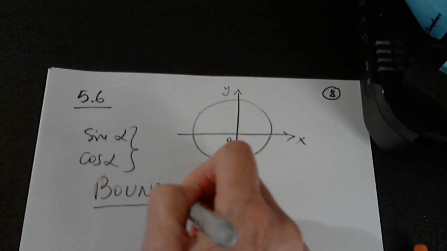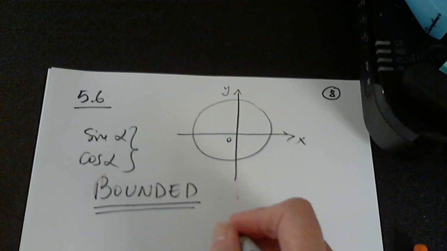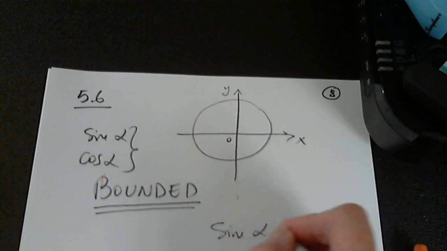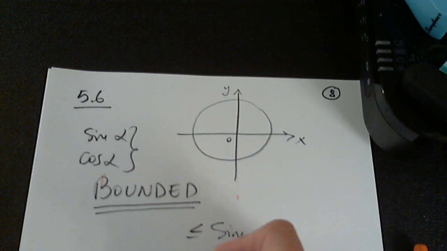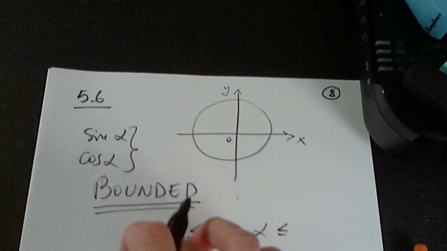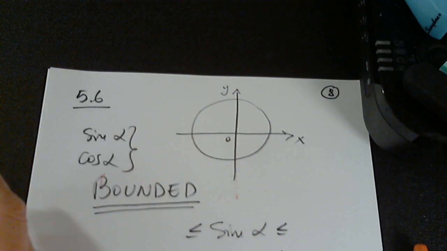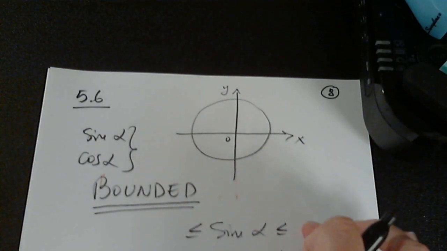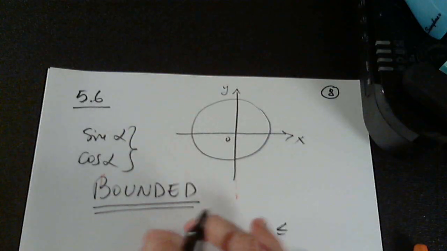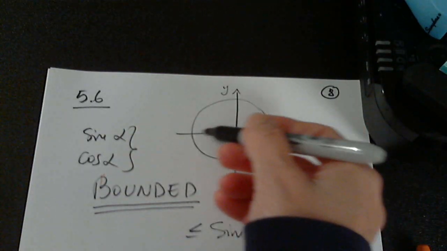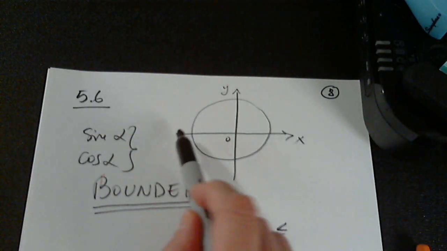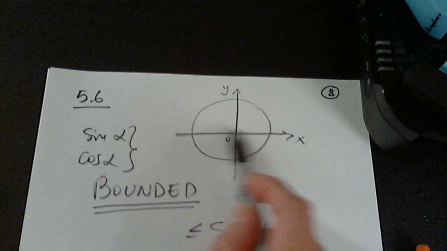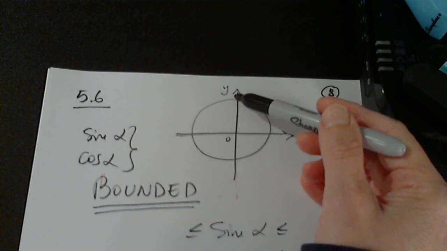What does it mean, bounded? It means that sine as well as cosine have a lower bound. They cannot go lower than this. And they have an upper bound. They cannot go higher than this. Can anyone tell us by looking at the unit circle? And remember, cosine is measured here, sine is measured here.